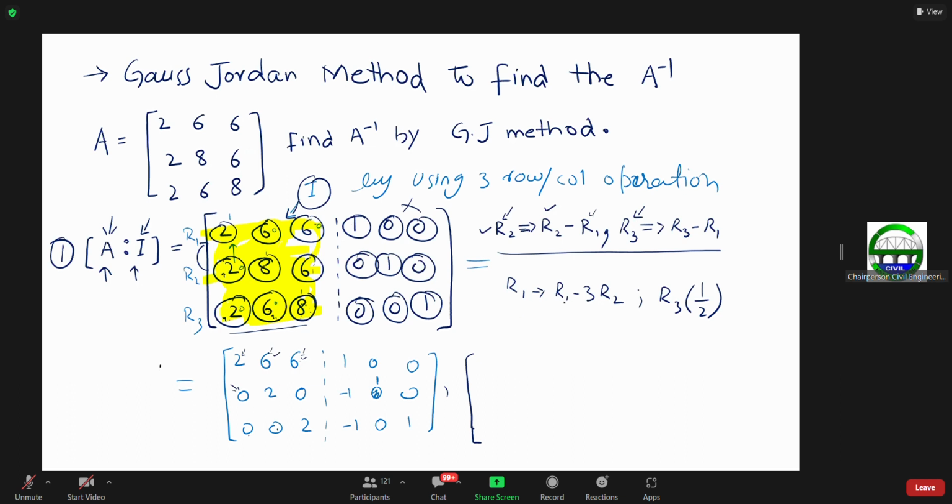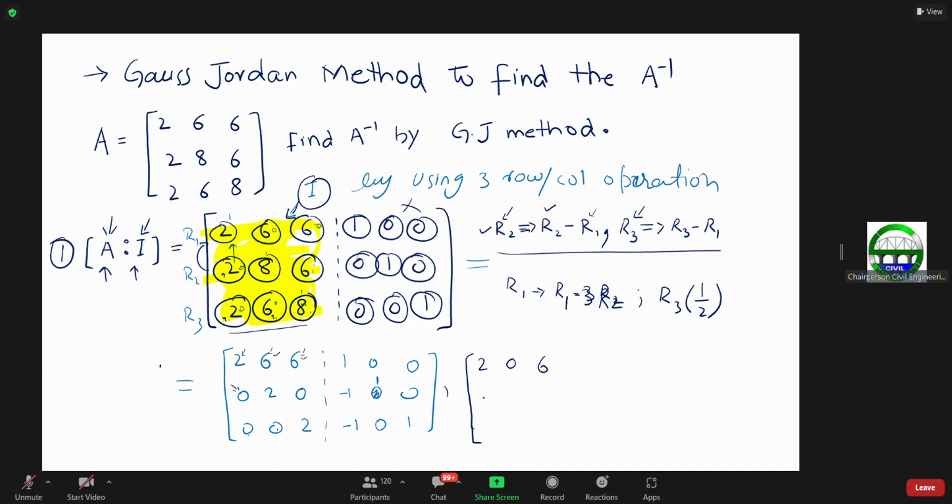R1 is going to be equal to R1 minus 3R2. I multiply R2 by 3 and subtract it here. So this one will be 2, minus 3 times 0, which stays 2, and then the next will be 0 minus 3 times 2, which is 6.